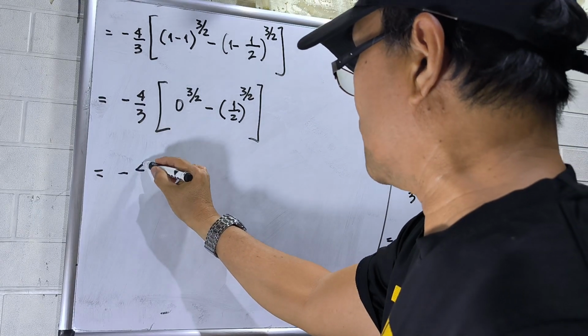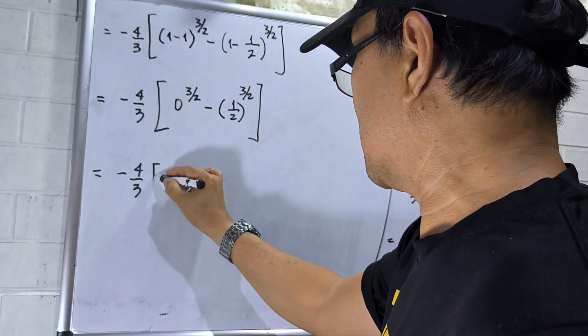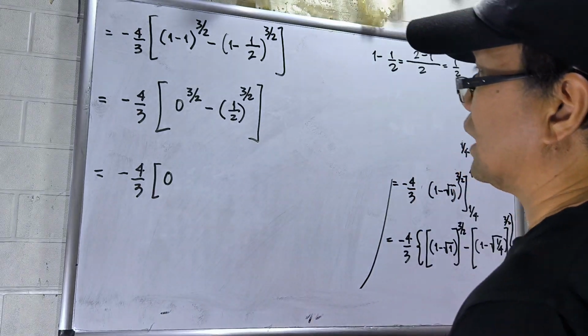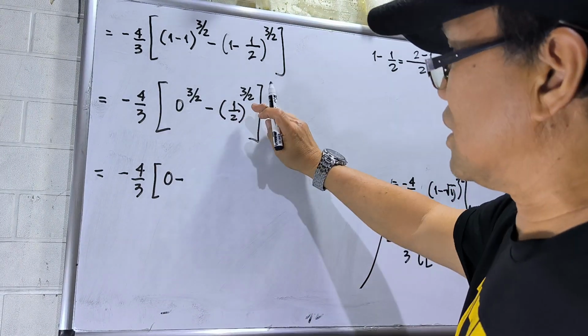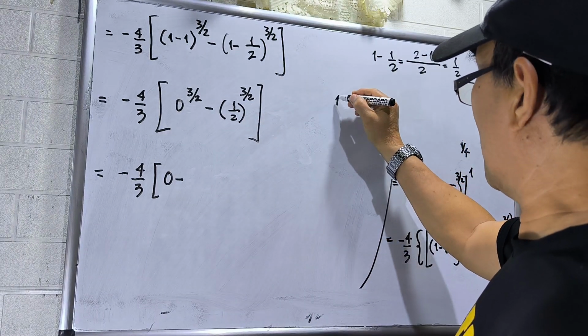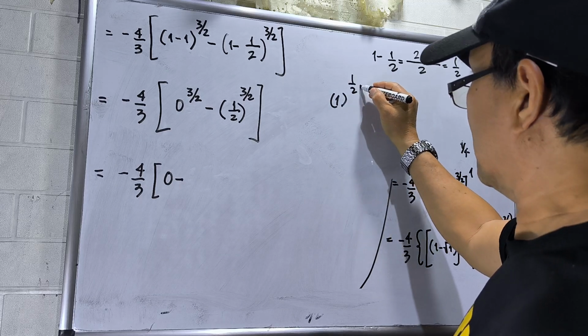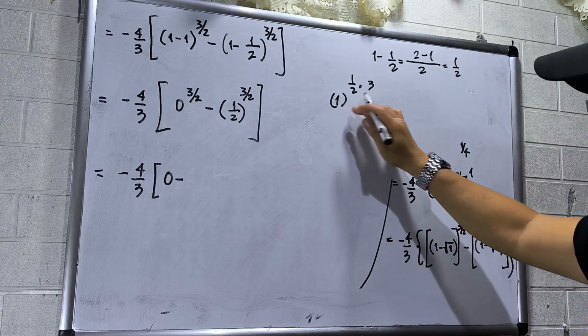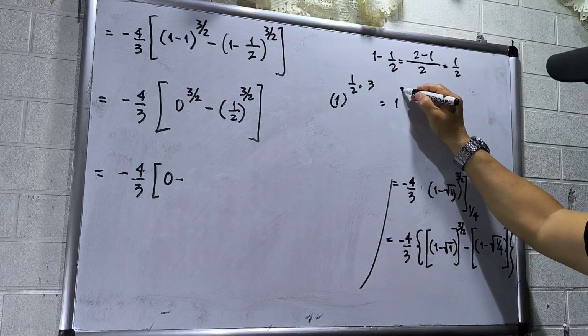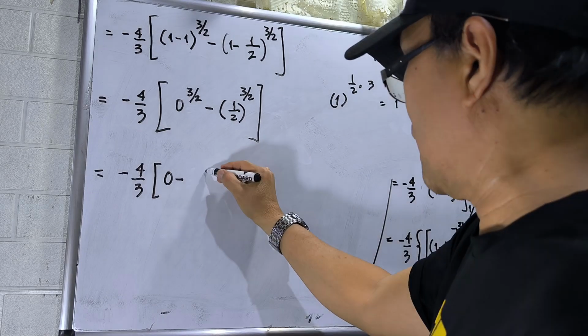So this will be negative 4 over 3 times 0, then minus 1 over 2 raised to the 3 halves, which is 1 raised to 1 half times 3 over 2 raised to 1 half times 3. So square root of 1 is 1, then cube of 1 is still 1. So this will be 1.